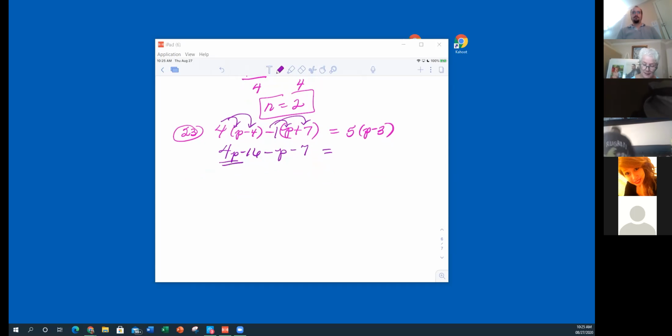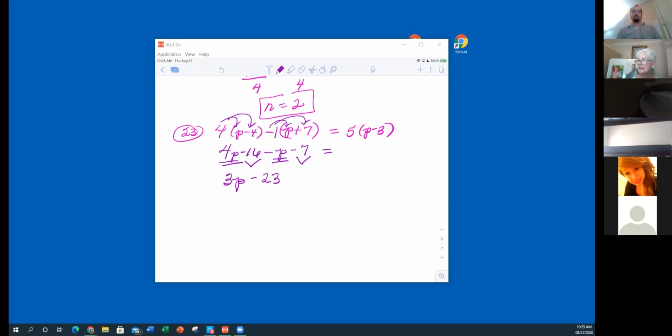So I have 4p minus 1p, which is how many p's? 3p. And then I have negative 16 and negative 7, which is what? Negative 23. Yep.